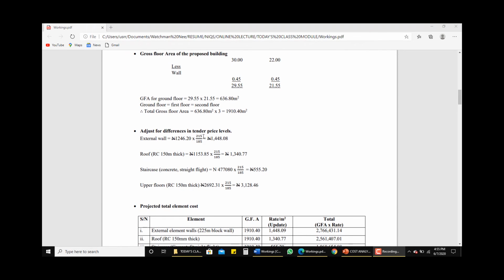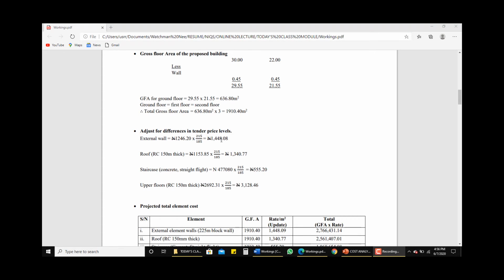215, which is the cost index at the tender date for the new structure, divided by 185, which is the building cost index for the existing structure. Then whatsoever we have here, we multiply it by the cost per square meter of the existing structure to update it and adjust for the difference in tender price level for the new structure.